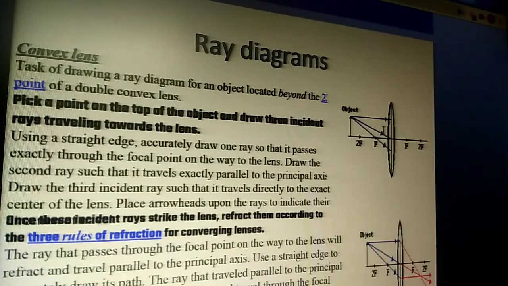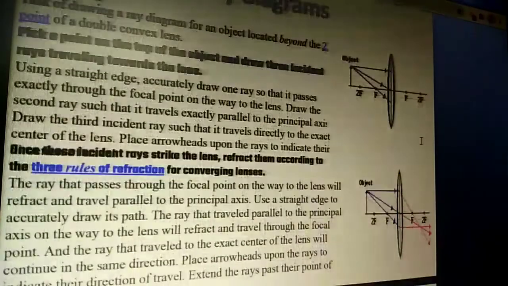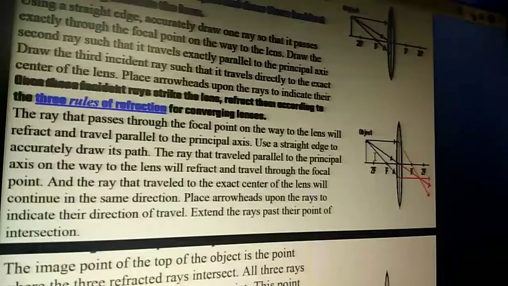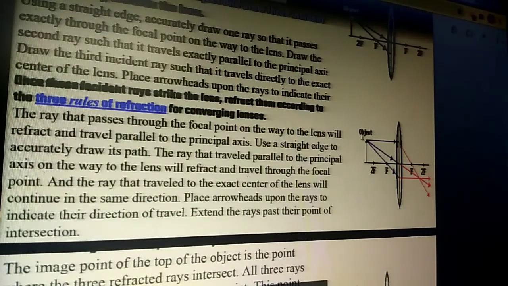Now, seeing this, the object is beyond 2F1. Instead of this you can give F1 and 2F1, this is F2 and 2F2, or C1, C2, 2C1, 2C2, and this is the optic center O. Now the object is beyond 2F1, and the ray which is parallel to the principal axis passes through the focus, and the ray which passes through the optic center retraces in the same line.